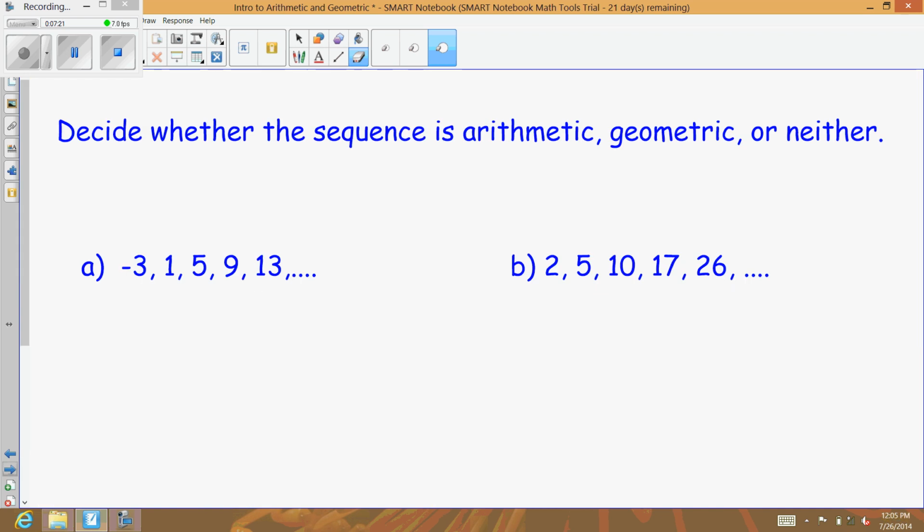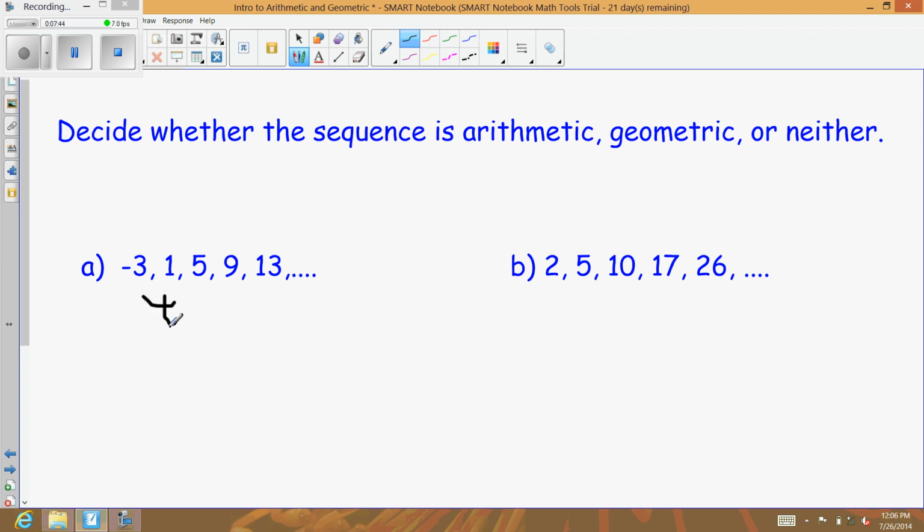All right, on this one, decide whether the sequence is arithmetic, geometric, or neither. Now I'm looking at this first grouping right here, and I want to think about it as, well, is it a sequence? So what I try to do first is look at this second term. 1 minus -3 is a difference of 4, okay? So I'm trying addition first.